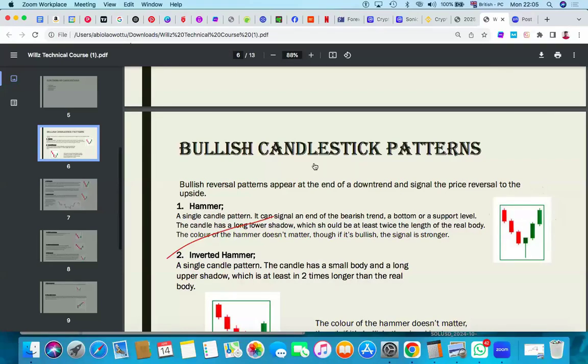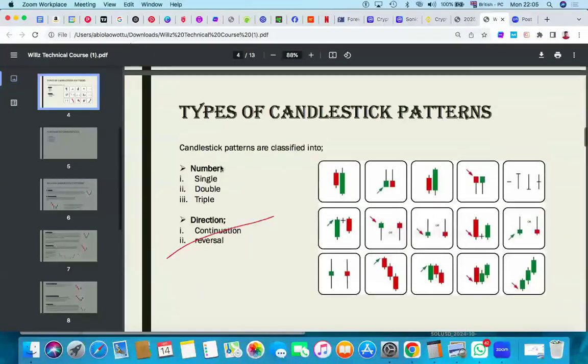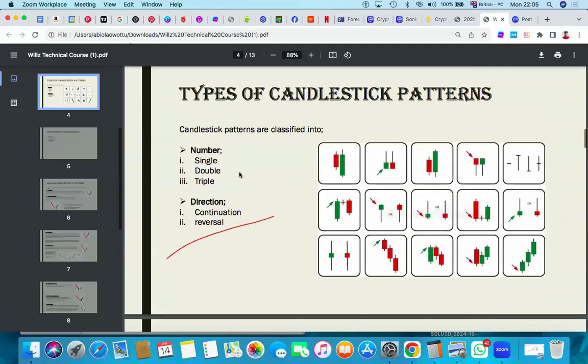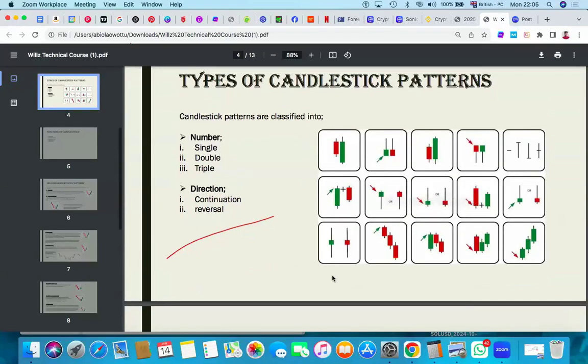So do we have someone here who knows what we just called the doji and what we said it does? Okay, we have Ijoma, and she says she knows a doji.